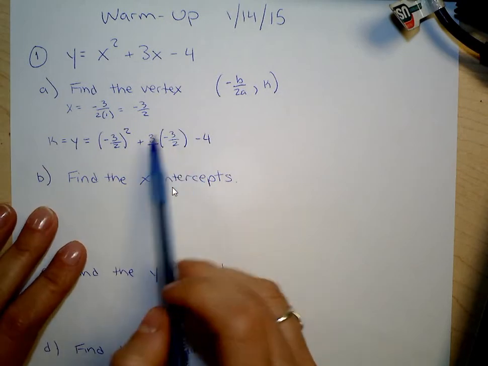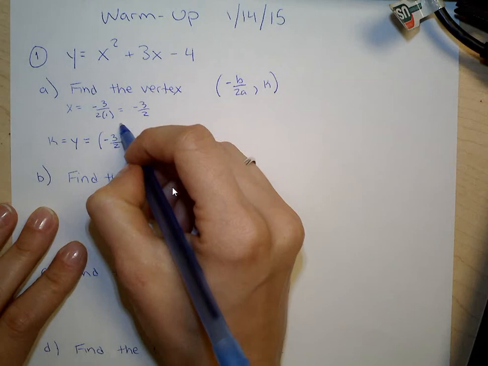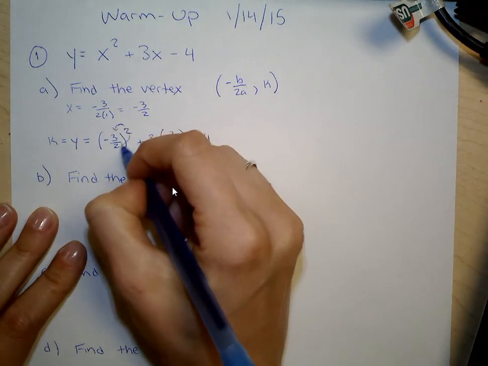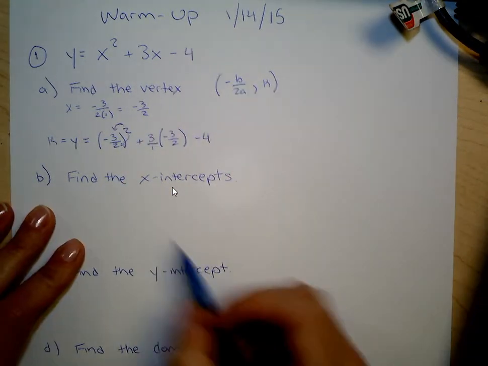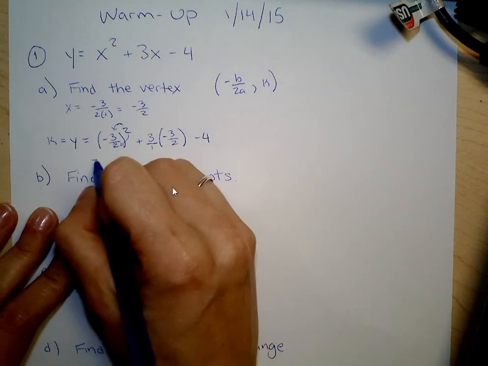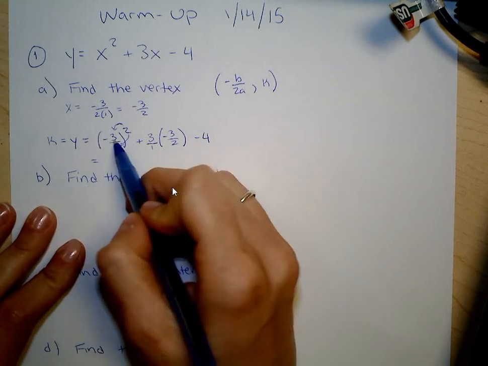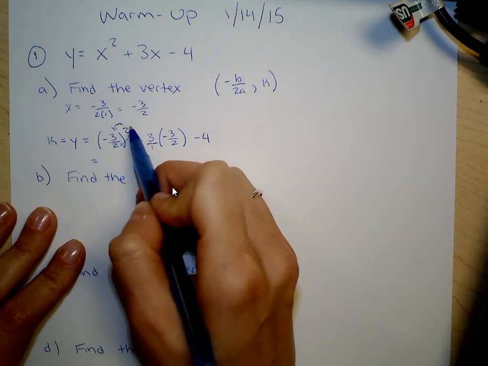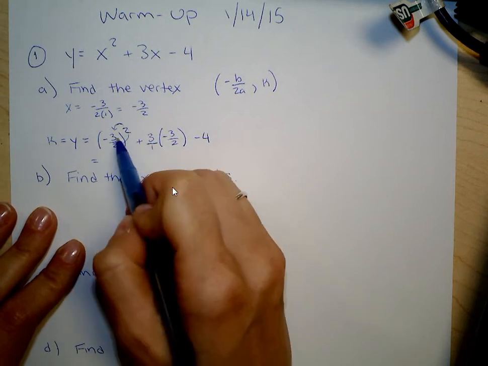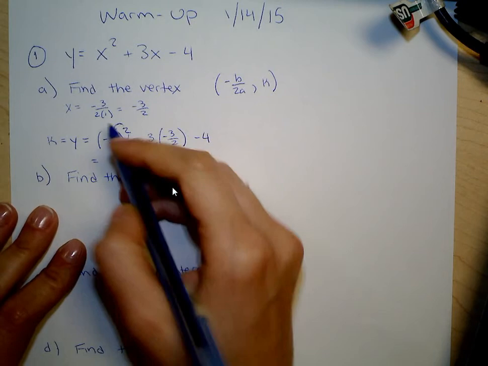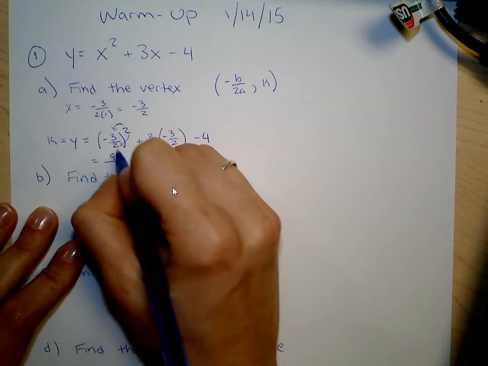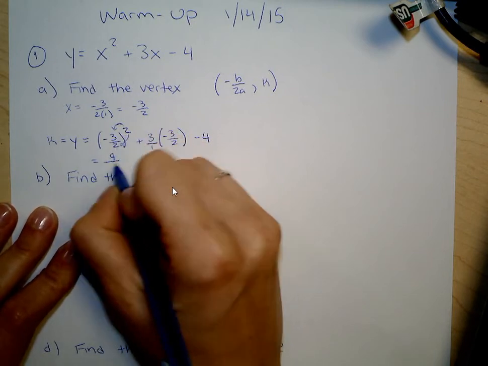And this exponent here, I'm going to distribute to the negative 3 and to the 2. Now, the common mistake here: this negative 3, it's not negative 3 times 2. It's negative 3 to the second power. So negative 3 times negative 3 gives me a positive 9, and then 2 to the second power is 2 times 2, which is 4.